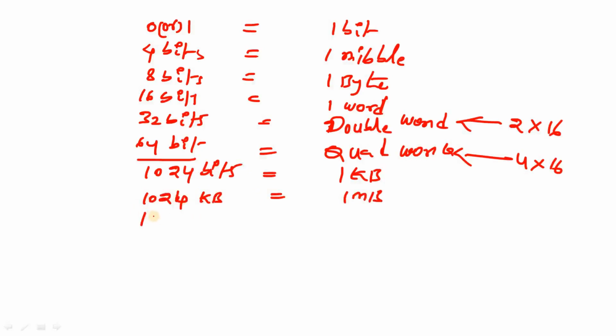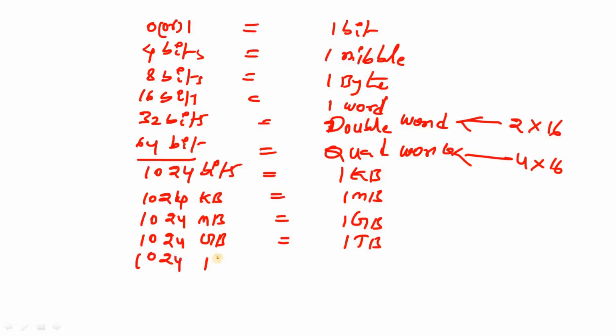Next, 1024 MB equal to 1 GB. 1024 GB equal to 1 TB. 1024 TB equal to 1 PB. Like this, we are going to keep increasing, to zettabytes, in continuation.